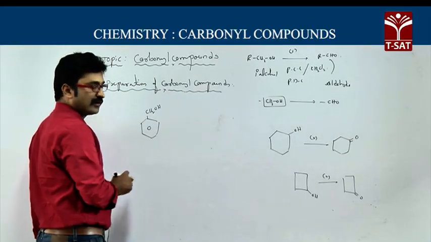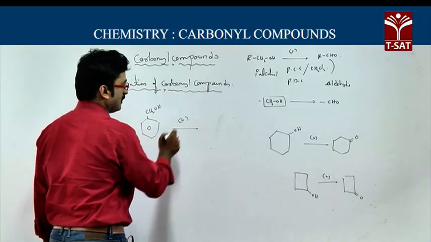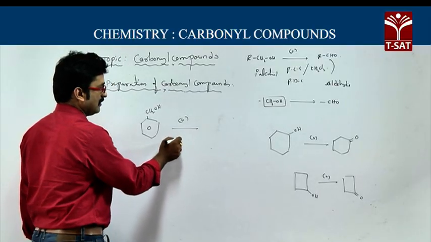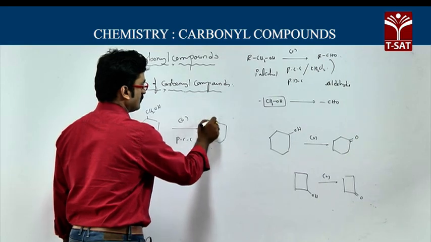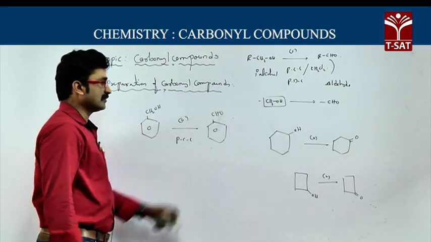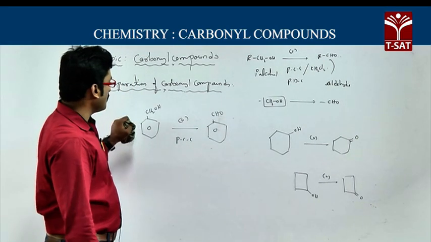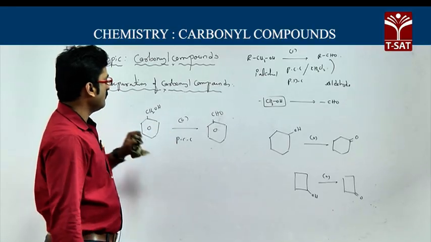It is a primary alcohol. On oxidation in the presence of PCC, you will get CHO. This is called benzaldehyde. Benzyl alcohol on oxidation gives benzaldehyde.